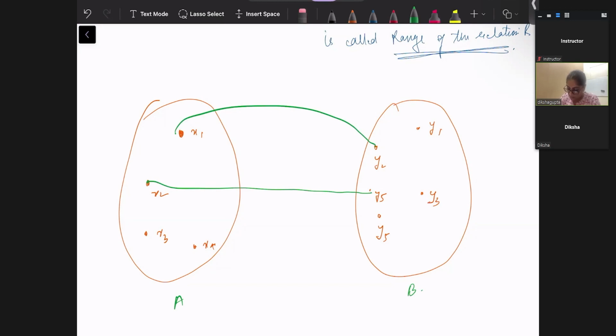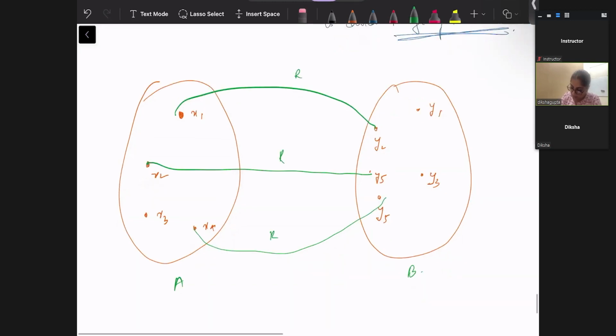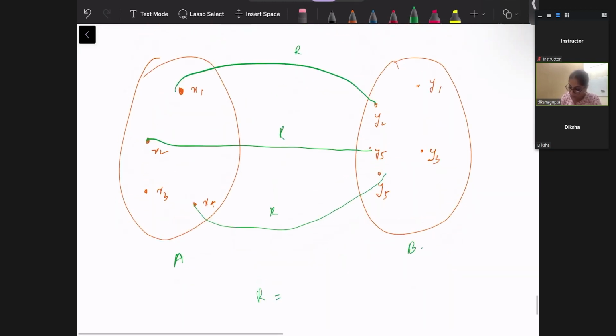Suppose I take an arbitrary relation where R has only (x1, y2), (x2, y5), and (x4, y4).